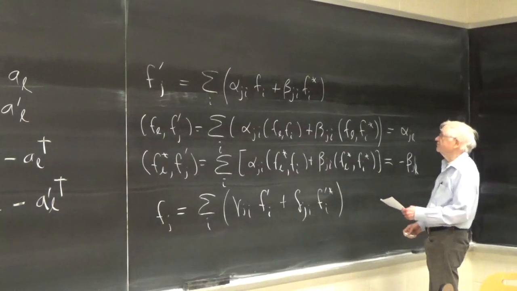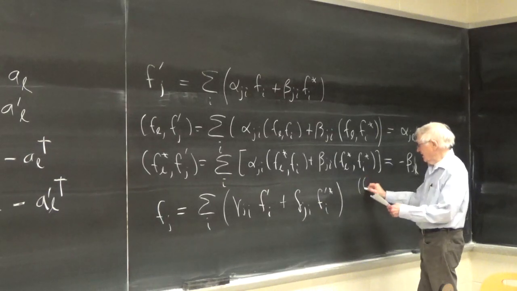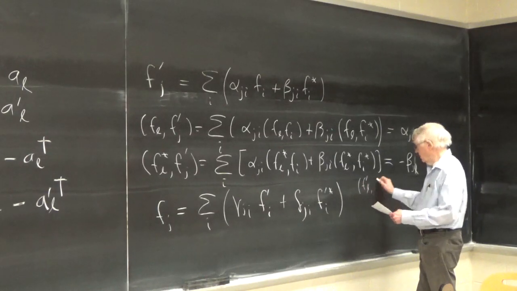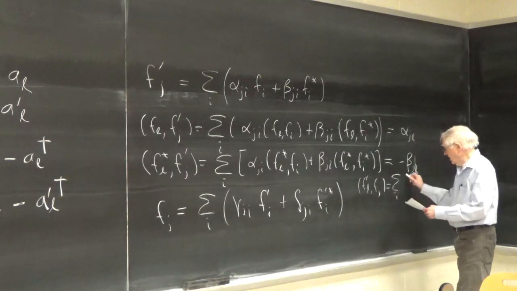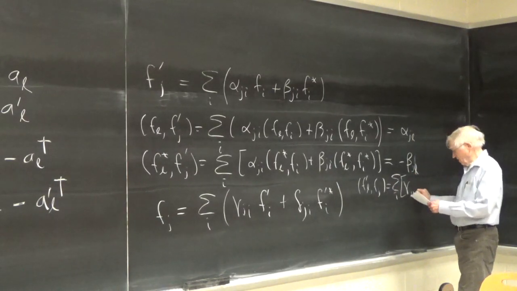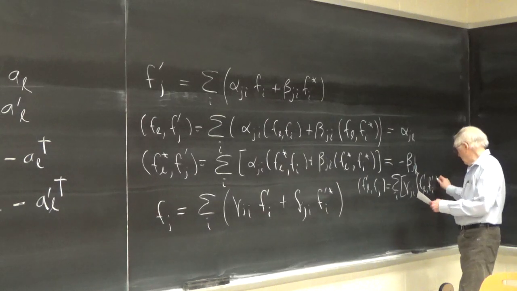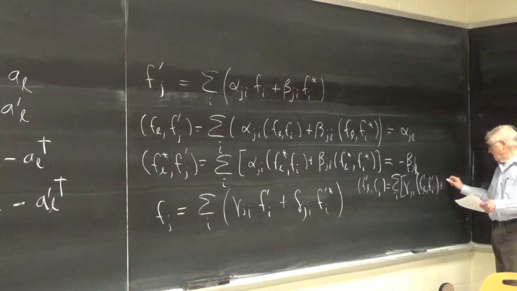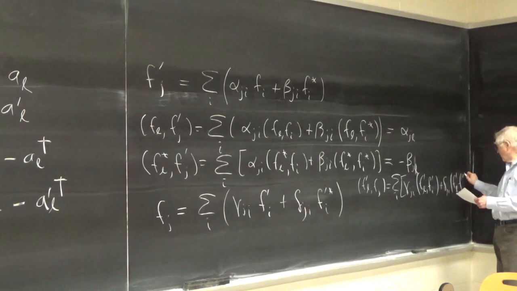And the way we do that is the same way we did this, namely that (F prime L, Fj) is a sum on i, gamma_ji (F prime L, F prime i) plus delta_ji (F prime L, F prime star i).